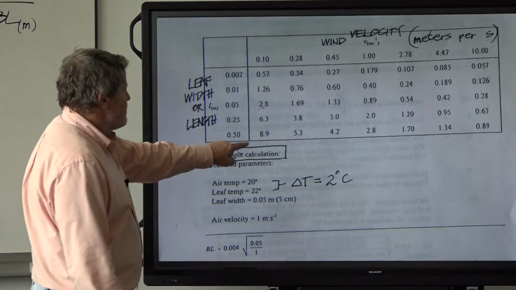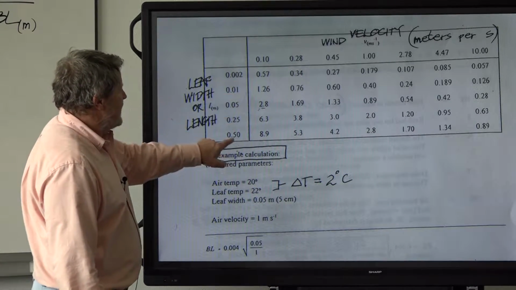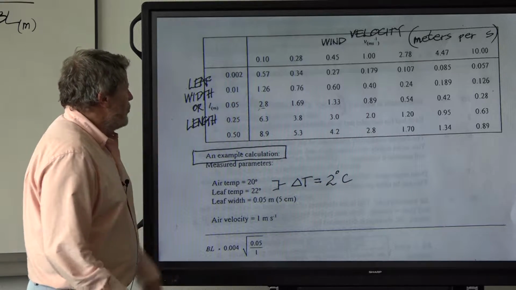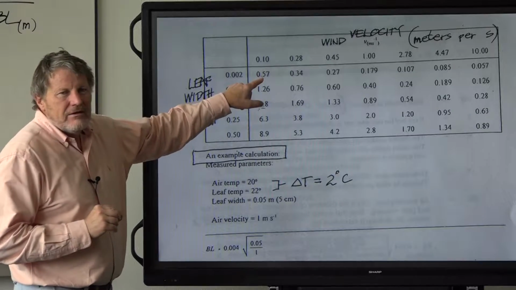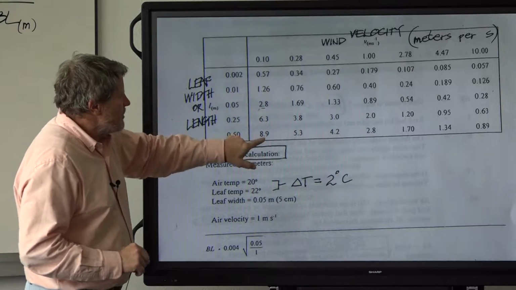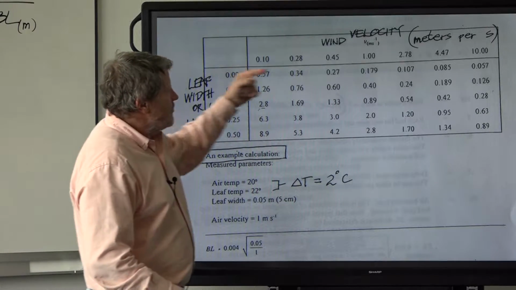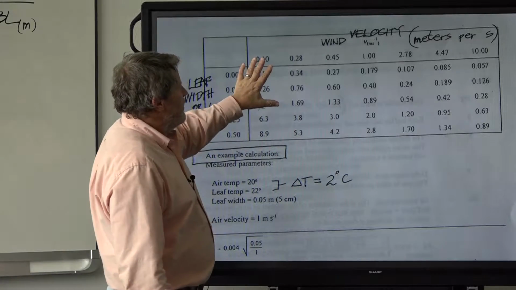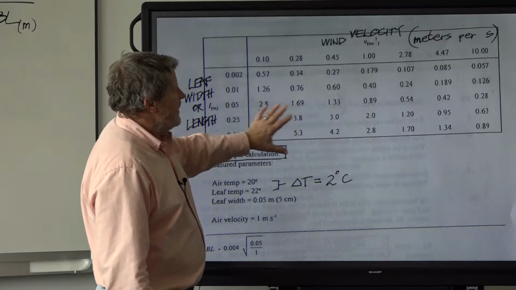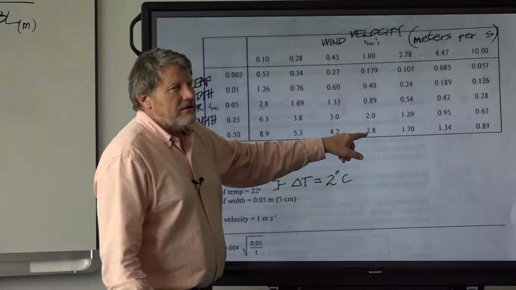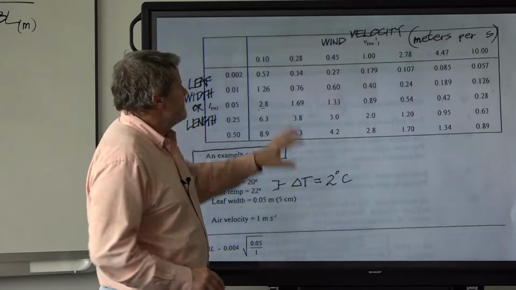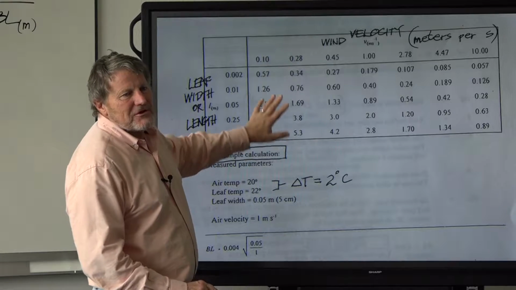Now we go up this way, and a real thin leaf, 0.002, this is meters, is like a pine needle up here. And now that boundary layer is real tiny. And we go this way, and these are very still air. This is meters per second. 1 meter per second, down in here, smoke would rise vertically.